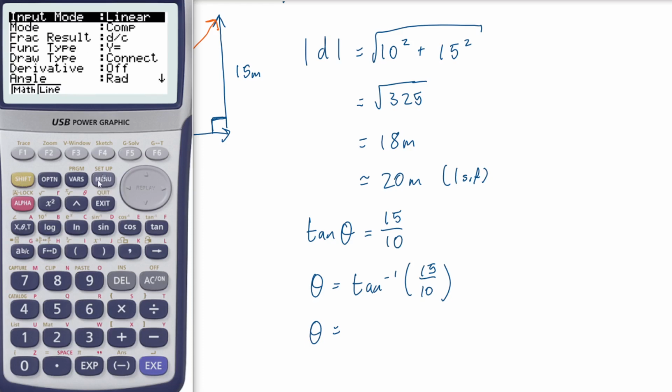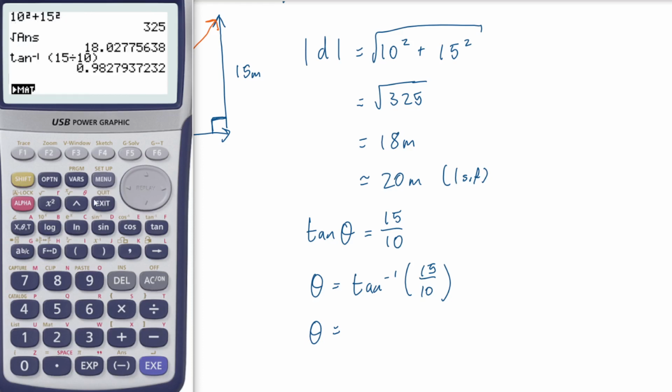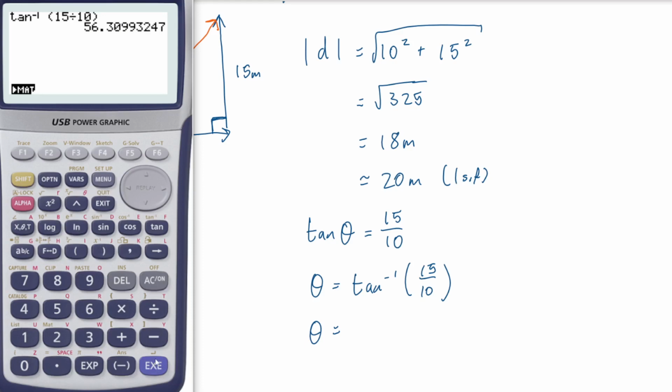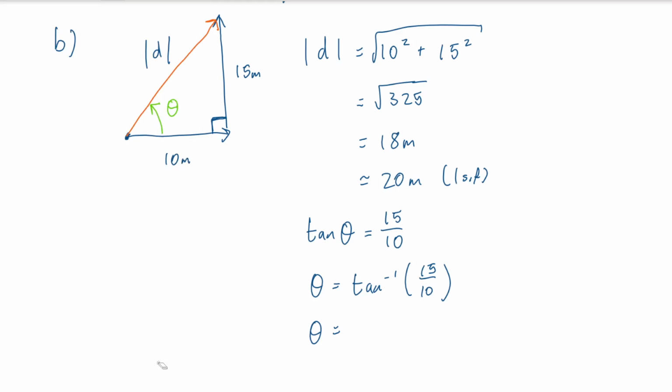So we need to go Shift Menu, change our angle property to degrees, F1, exit, and we'll try that again. Tan inverse, bracket 15 divided by 10, close bracket. There we go. 56.3 degrees. Or to one significant figure, that would be 60 degrees.